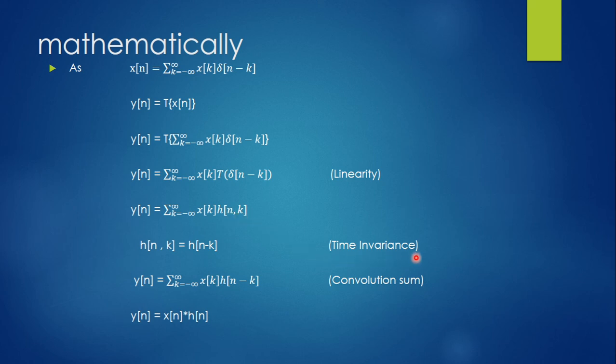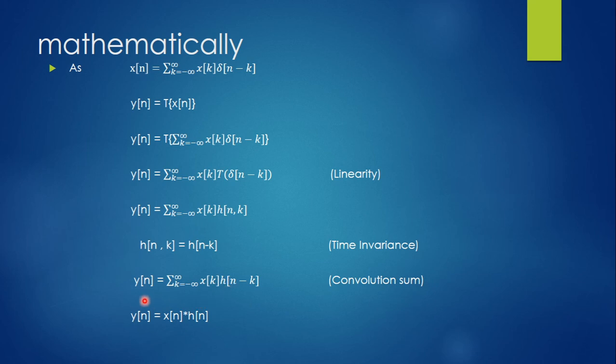As the system is also time invariant, h[n,k] is equal to h[n-k]. If the input is shifted by k samples, output is also shifted by k samples. This is the property of time invariance. That's why we are taking only LTI systems. We have used the linearity, we have used the time invariance.